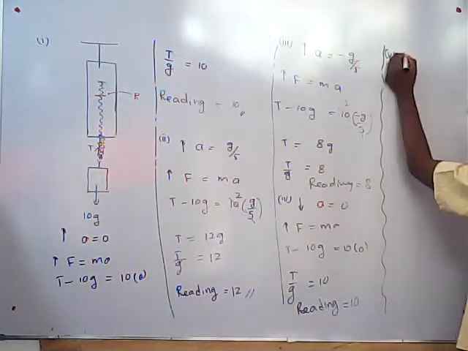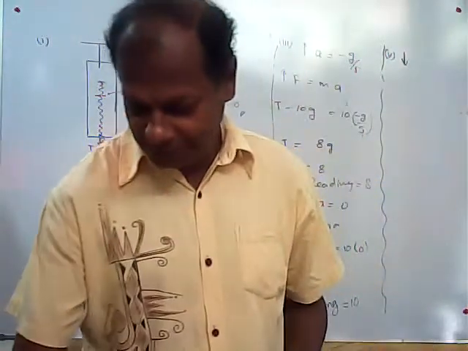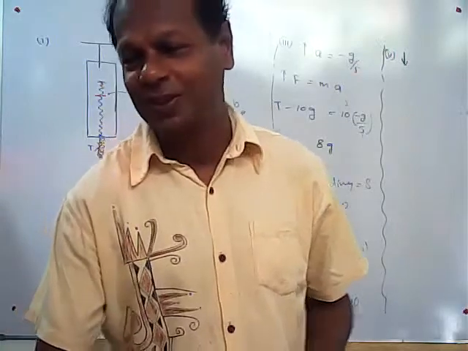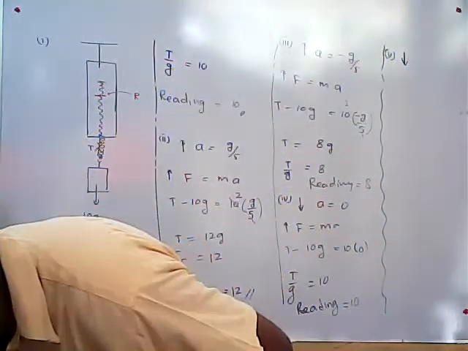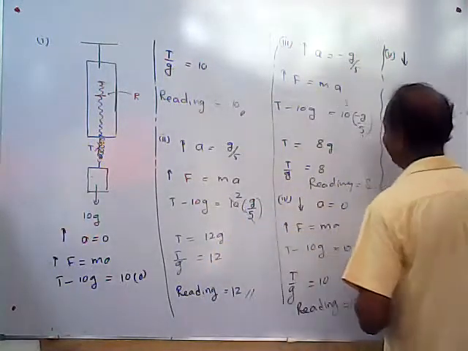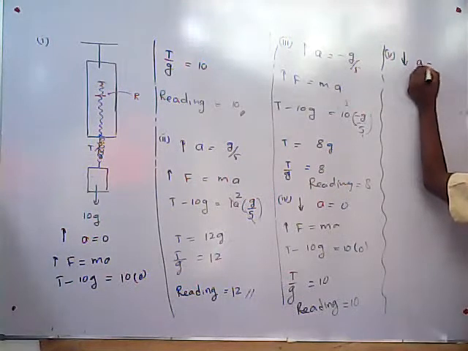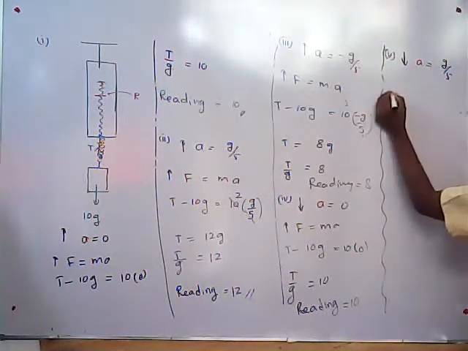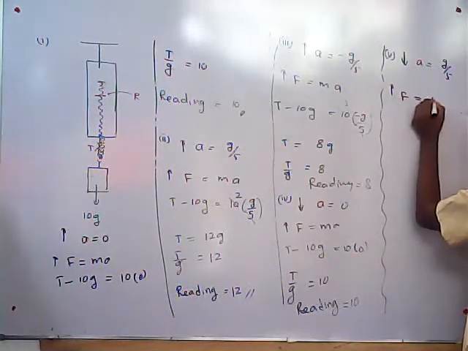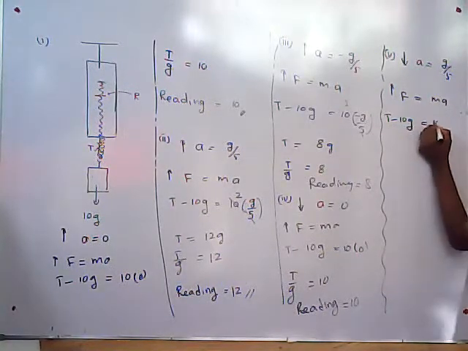Once it's coming down at acceleration g over 5. Yes, next part 5. Acceleration is g over 5. So apply upwards, F equals ma, so that will give T minus 10g equals 10.